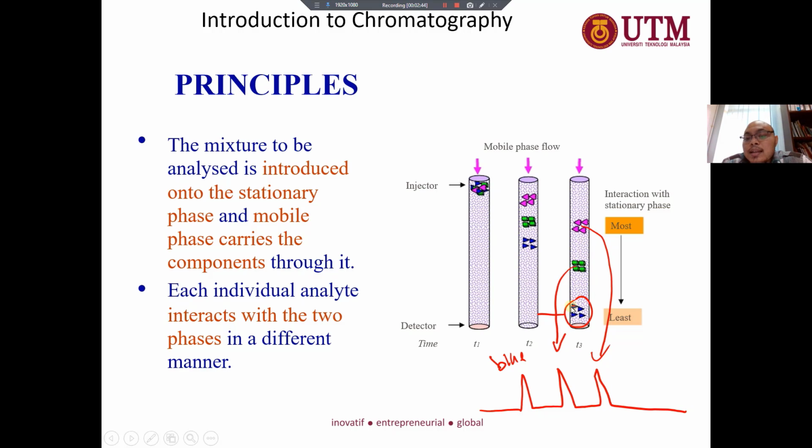The analyte that has the least interaction with the stationary phase, or doesn't love the stationary phase, will elute earlier. In this situation, the blue one will reach the detector first, or we can say eluted first. So the first one is blue, the second one is green, and the third one is the purple one.